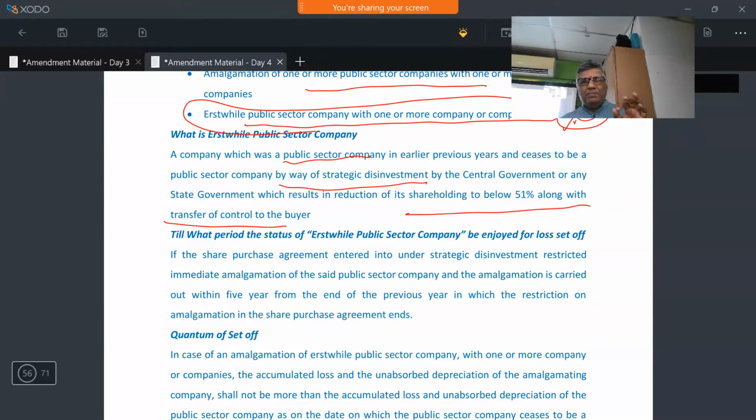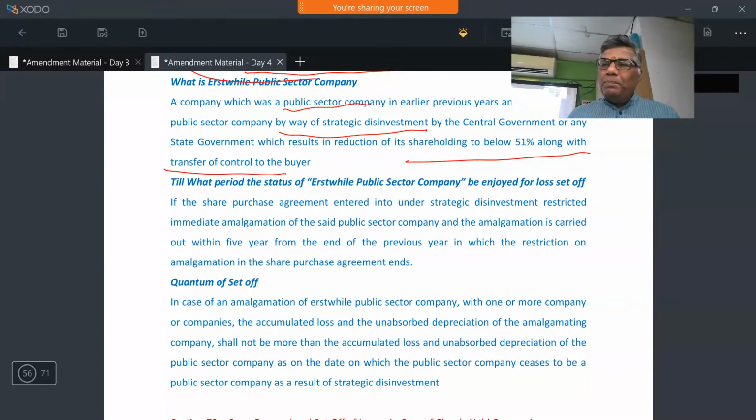Okay, below, it can even be zero. So it is known as strategic disinvestment. Where the central or the state government is giving away more than 51%, or they are reducing their holding to less than 51%, that is known as strategic disinvestment. Am I clear to you? Okay, right.